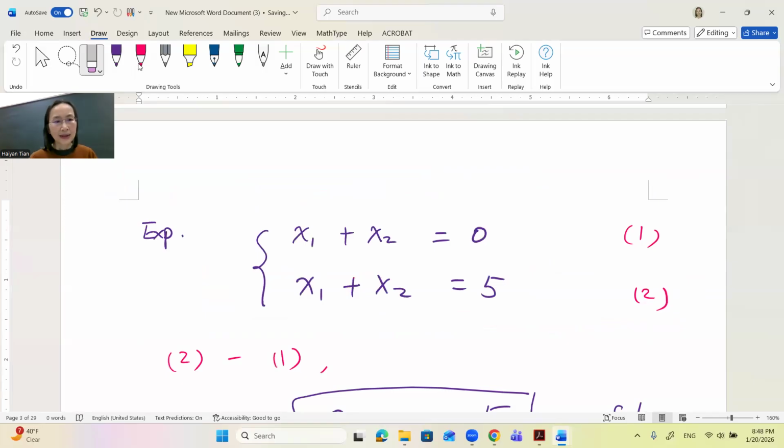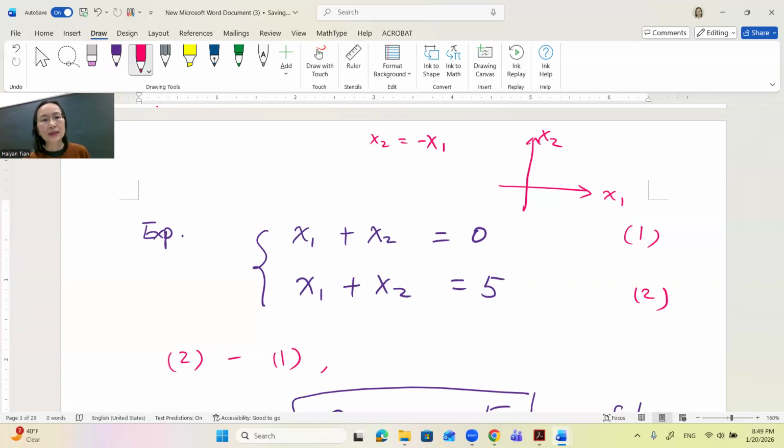As we looked at earlier, here you have two equations, and the first equation is just a line. If I try to graph that, this is x1, this is x2. As you can see, x2 is negative x1, so it's like y equals negative x.